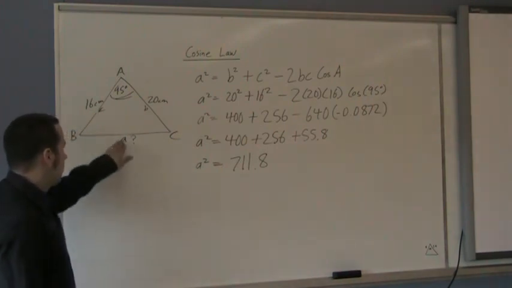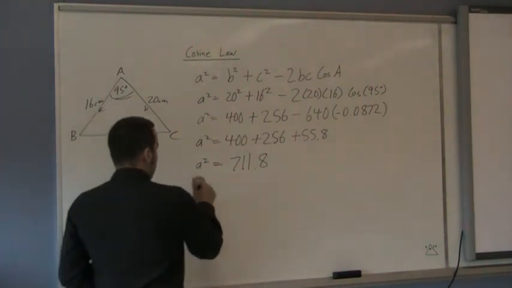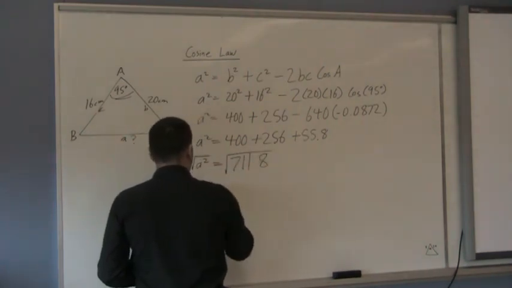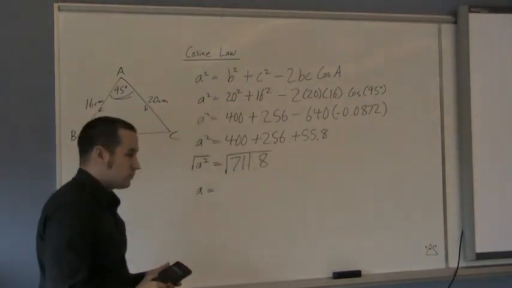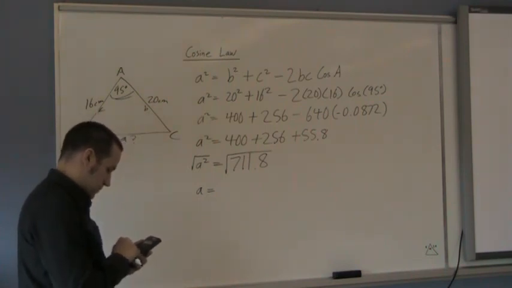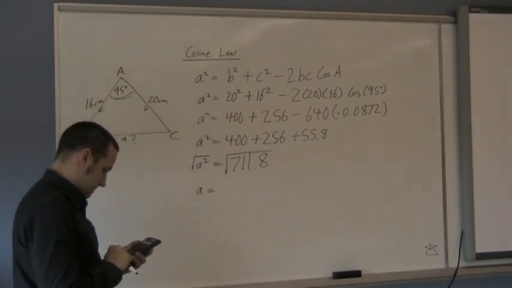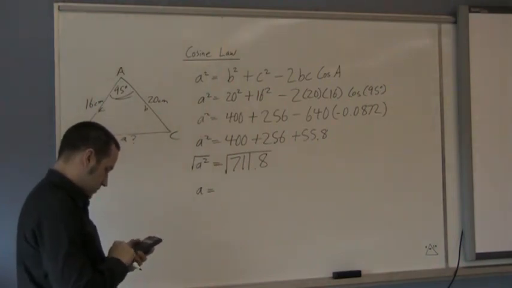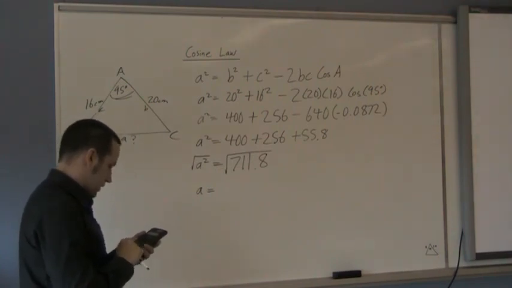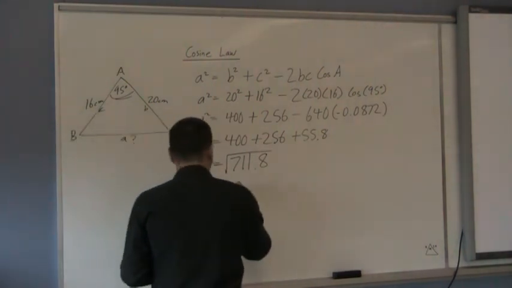So I want just what A is equal to, so I'm going to have to take the square root of A squared in order to get that answer. So then I get A equals, and then I take the square root of my answer. Square root of 711.8, I get 26.7.